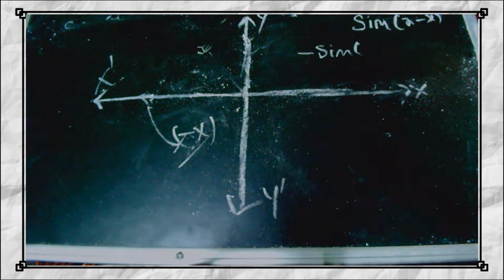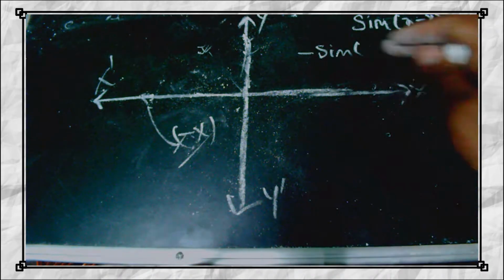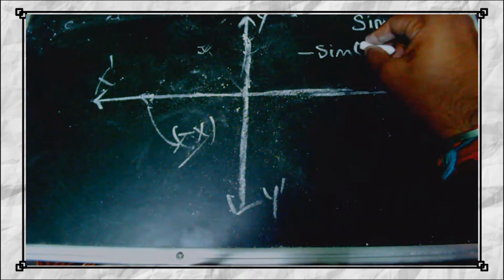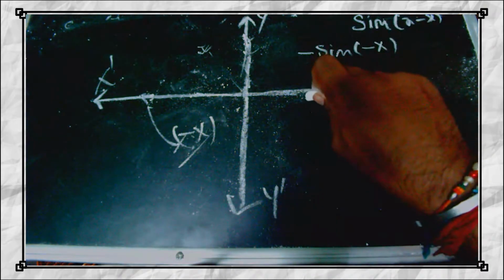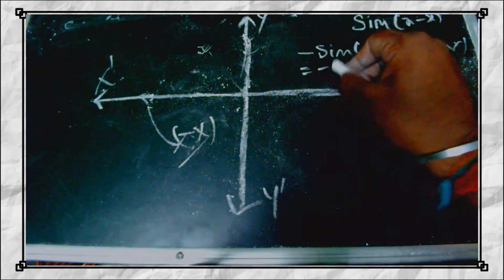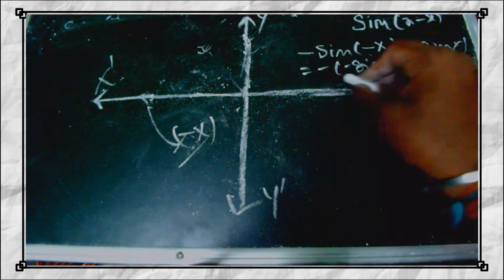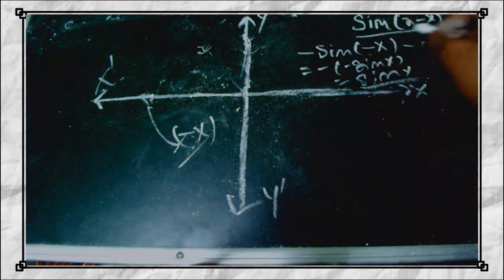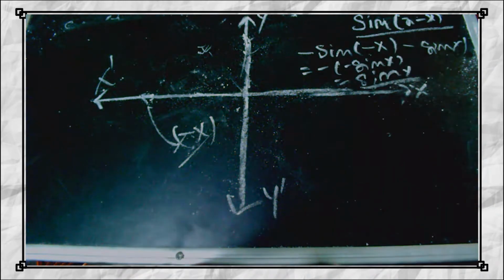If the angle is the outcome of a difference with pi or a sum with pi, then the ratio will not change. In case of pi by 2 it changes, but in case of pi it doesn't change. So it will be minus sine of minus x, and as told, sine of minus x is minus sine x. So minus of minus sine x will be sine x. So the value of sine of pi minus x is sine x.